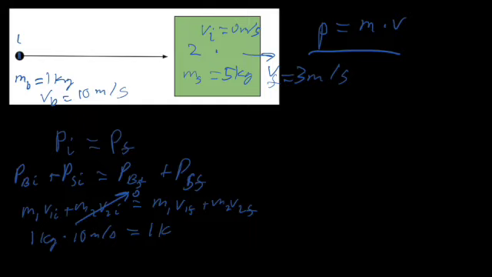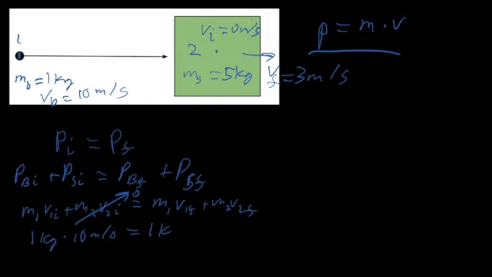These two objects collide, and after they collide, the box has a final velocity of 3 meters per second. What we're trying to find is the final velocity of the ball after the collision. We can also say that the box starts with an initial velocity of 0 meters per second.